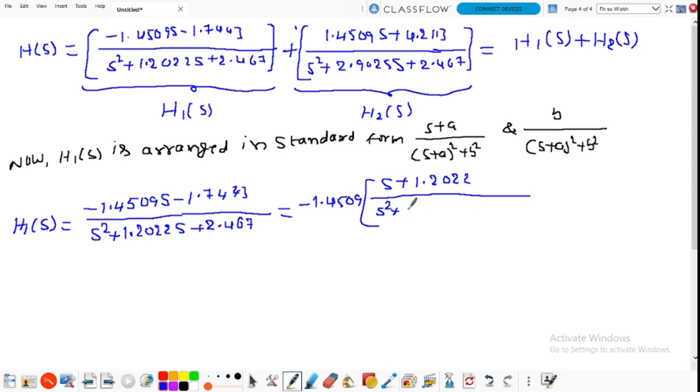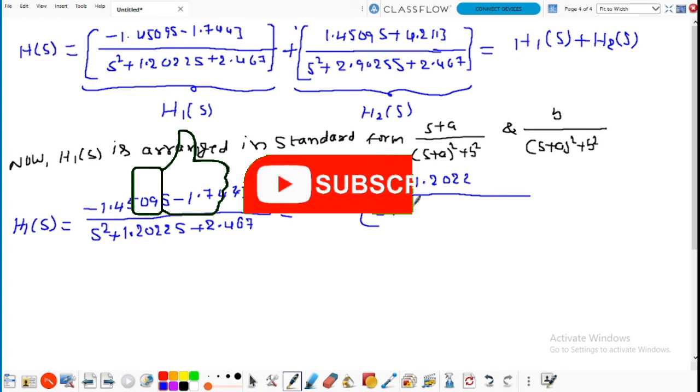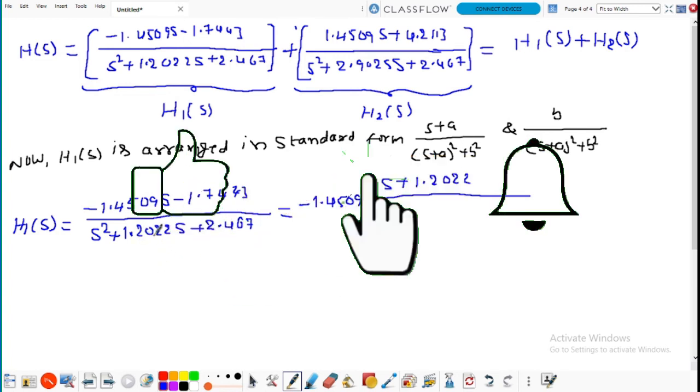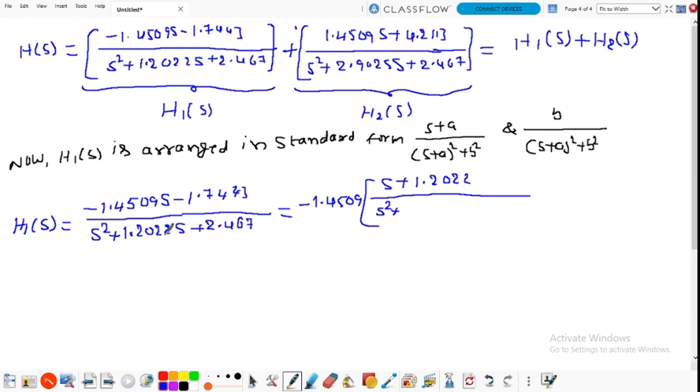Now here the denominator term is arranged as A plus B whole square is A square plus B square plus 2AB. S square plus 1.2022 S is written as 2 into 0.601 S, since dividing 1.2022 by 2 we get 0.601, plus 2.467.